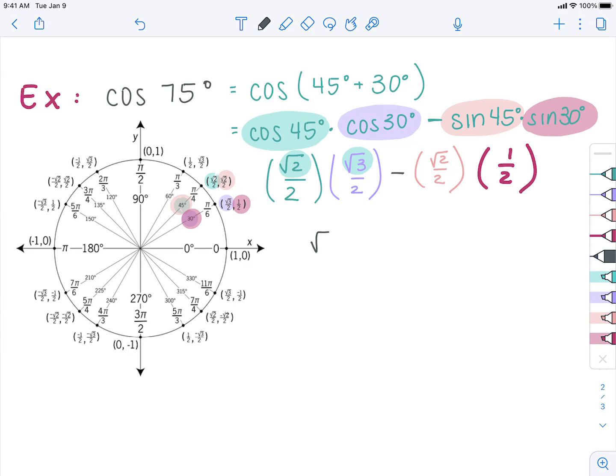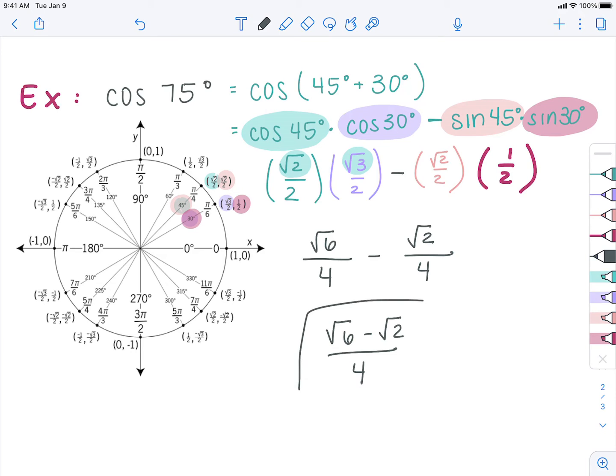When I multiply them together, I get root 6 over 2 times 2 is 4, minus root 2 times 1 is root 2 over 2 times 2 is 4. And then since my denominators are the same, I can combine these to make it root 6 minus root 2 all over 4 to be my final answer.